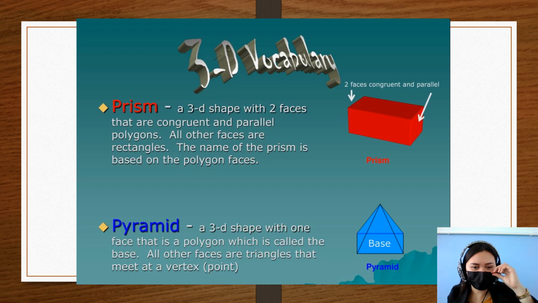A 3D shape with one face that is a polygon, which is called the base. All of the other faces are triangles that meet on a vertex or a point. So here's the vertex. And the base is a polygon. What kind of polygon? A rectangle or square or any quadrilateral can be a base of a pyramid.